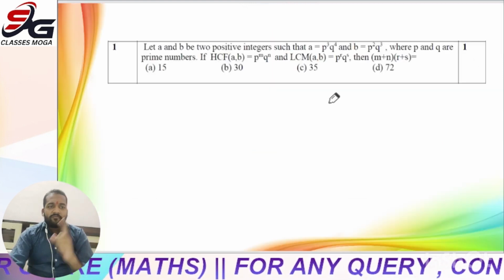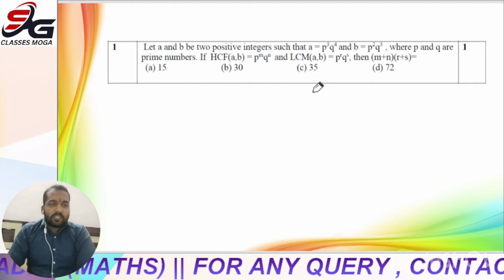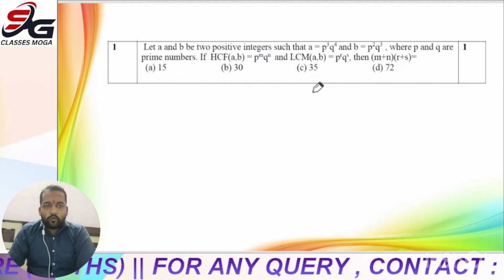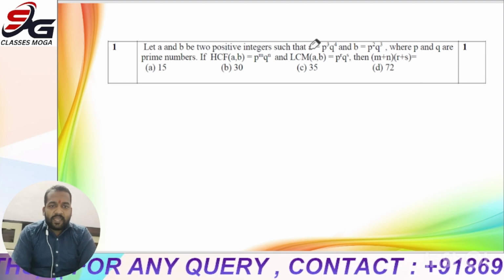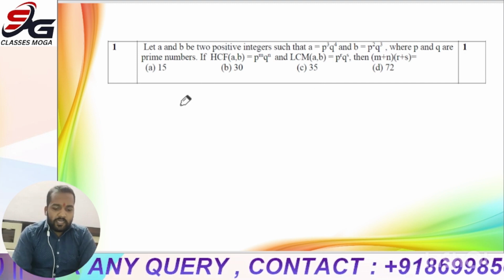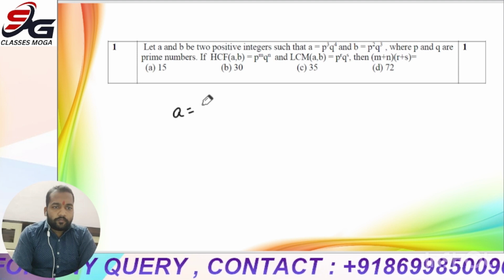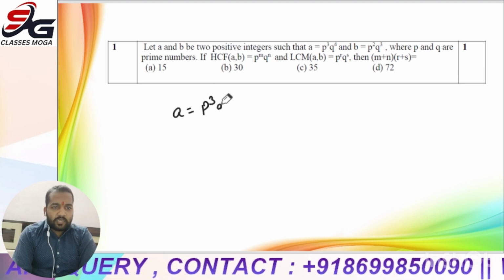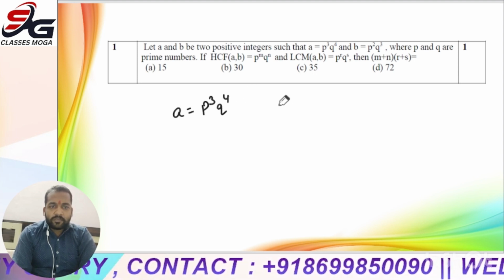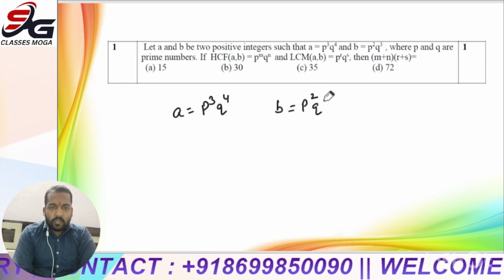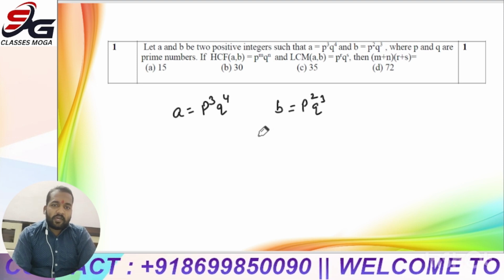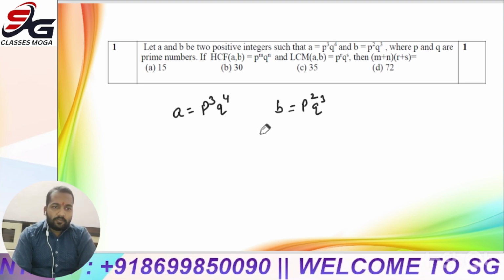So students, first question: let a and b be two positive integers such that a is equal to p cube q^4 and b is equal to p square q cube, where p and q are prime numbers.